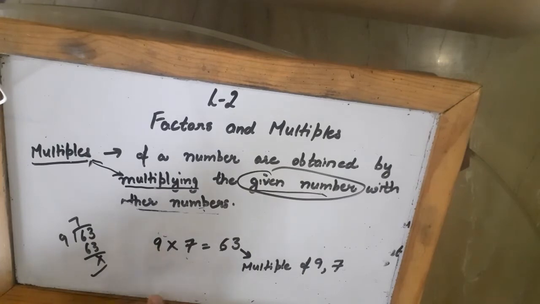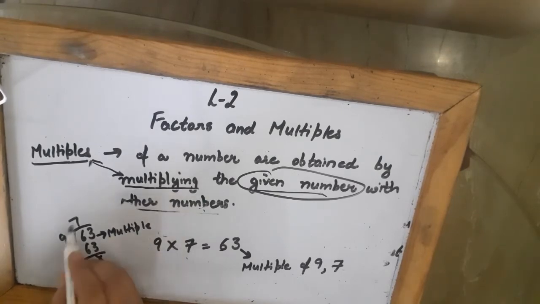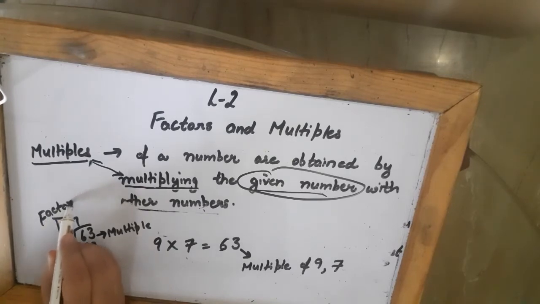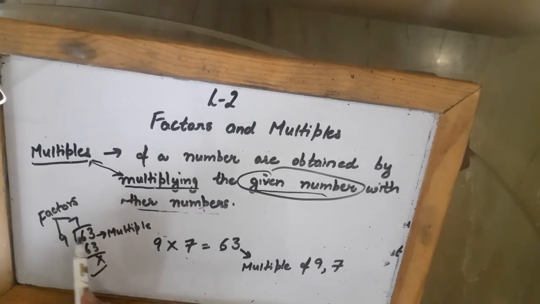And what did I tell you? The numbers which divide the given number exactly are called the factors of 63. So 63 is a multiple of 9 and 7, and 9 and 7 are the factors of 63, because they divide this number exactly. So what do you understand? That 9 and 7 are the factors of 63 because they divide 63 exactly, while 63 is a multiple of 9 and 7.